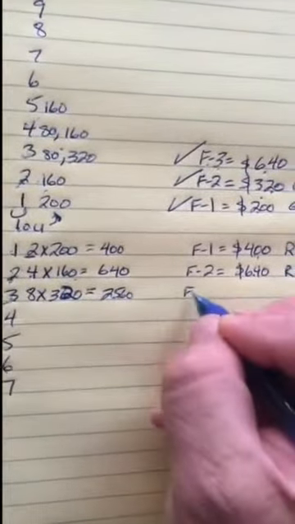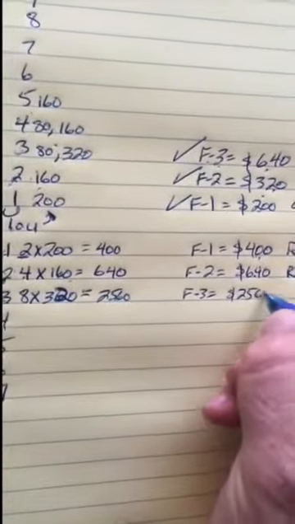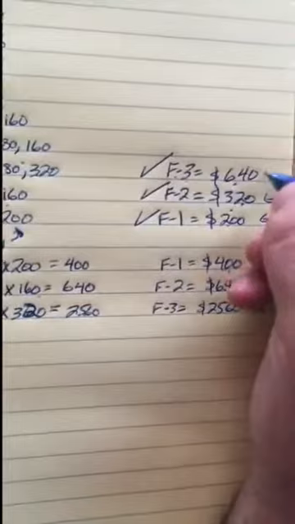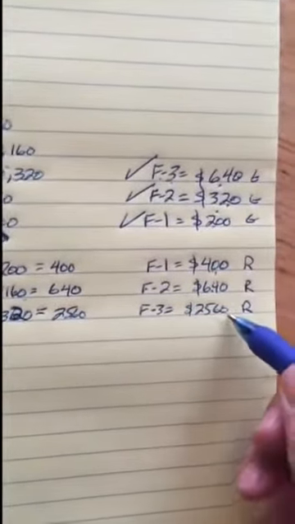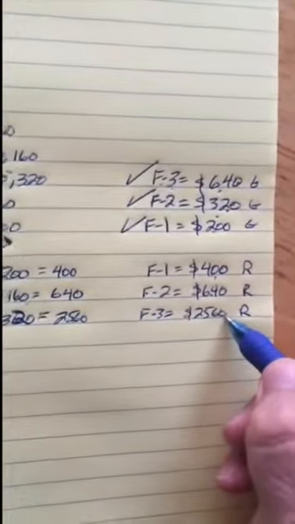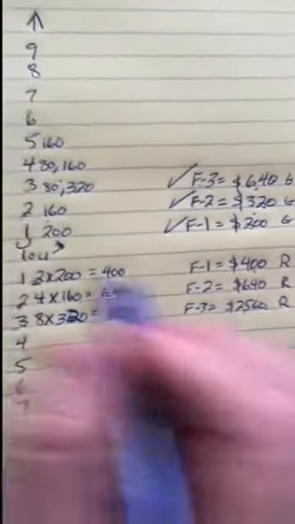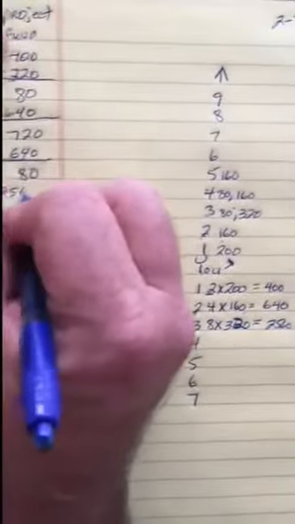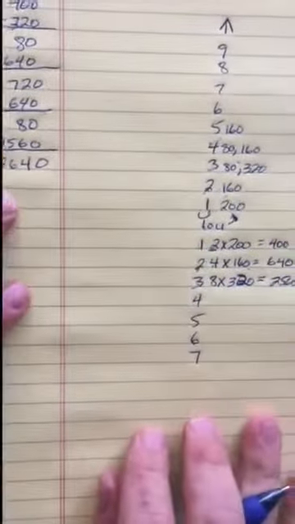Okay, so floor 3 equals $2,560 that you received. So you gave $640 on floor 3, then you received $2,560 on floor 3 below you. Now, we're going to take the $2,560 over here, add it to your 80, and you now have $2,640. Okay, you see how that works?